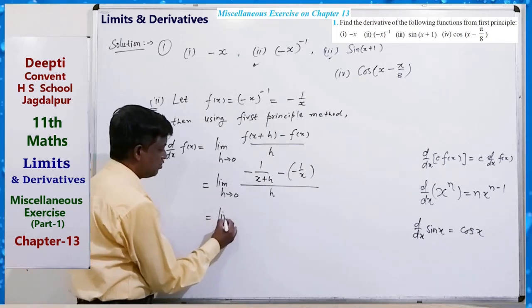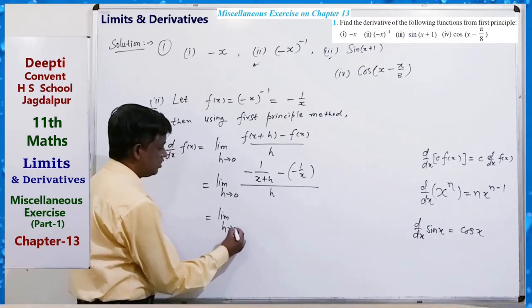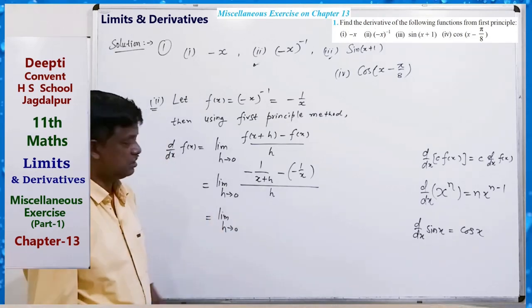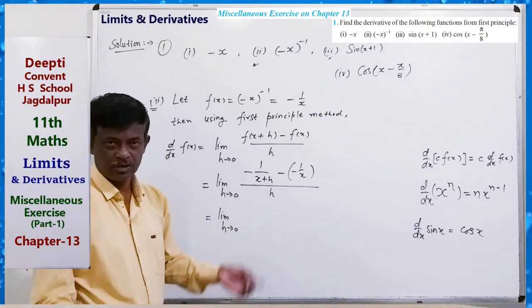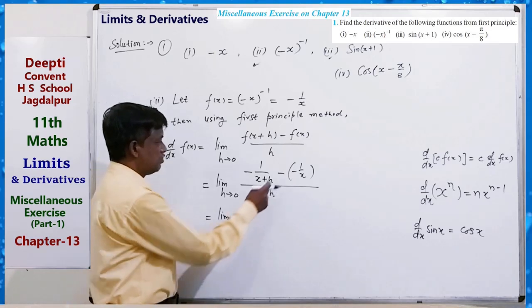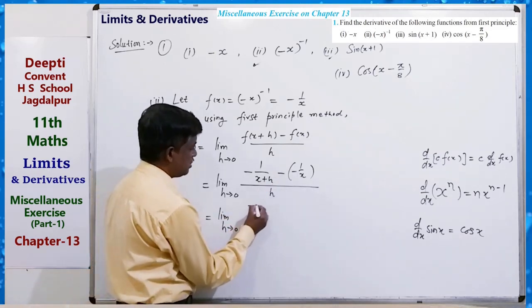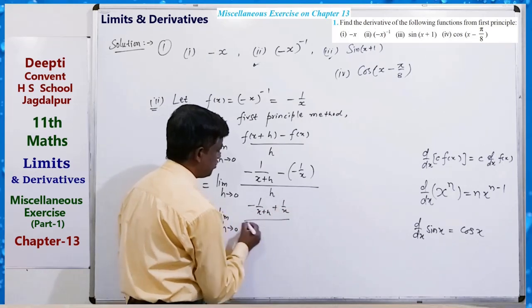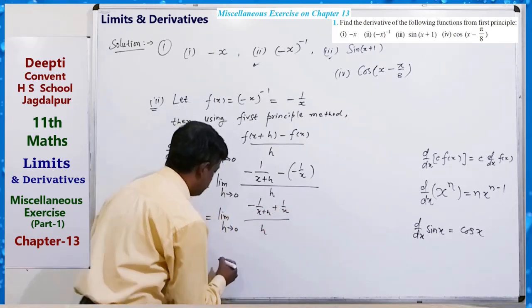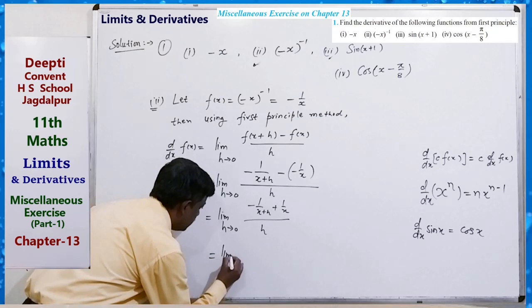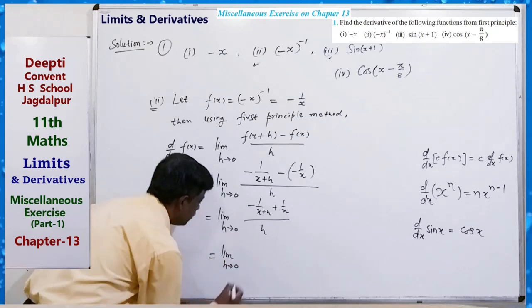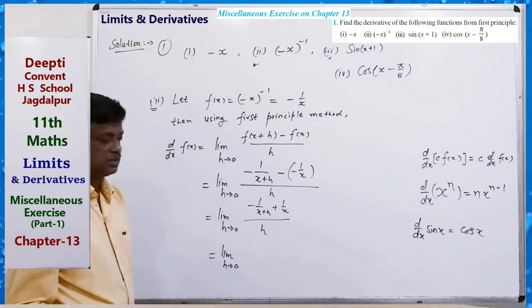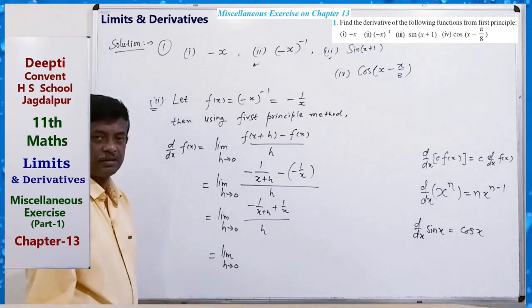For finding the limit, if we put h equal to 0, we see that the denominator will be 0, so just solve it. Minus minus plus, so minus 1 upon x plus h plus 1 upon x, upon h. Take its LCM here. In the case of rational functions with plus or minus, just take the LCM.